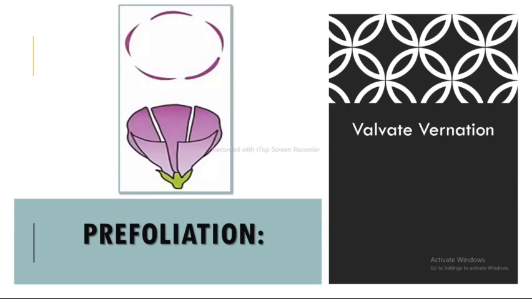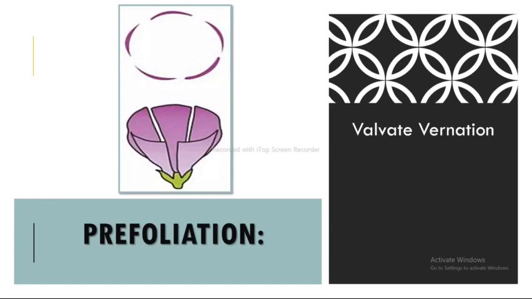It is an open kind of vernation which includes flowers whose sepals and petals are only attached through the margins in a single whorl, leaving a free space within them.